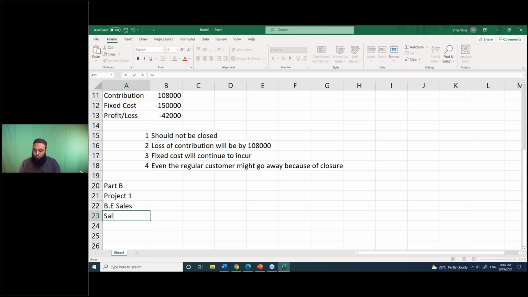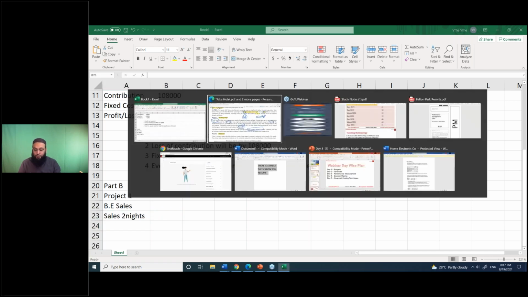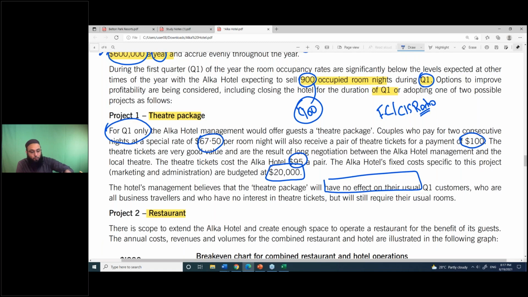So first I'll see sales per 2 nights. Okay, sales for 2 nights. Now, why I'm saying 2 nights? Because it's a package deal, you know, that couples who pay for 2 consecutive nights. So you have to keep this in your mind.